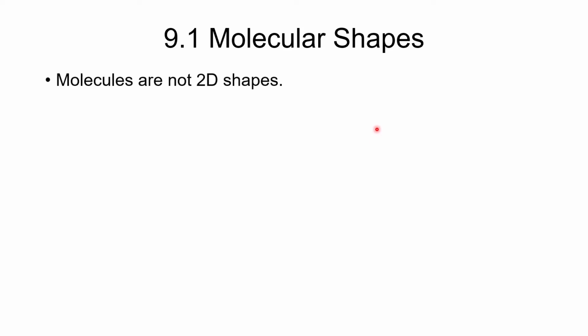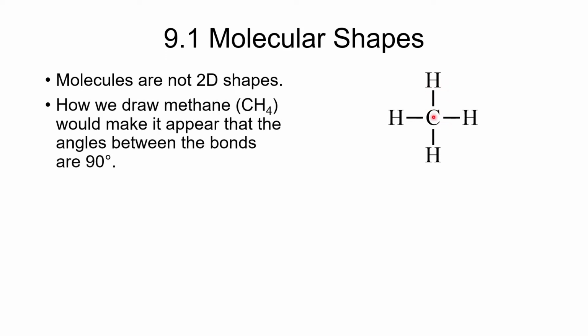Molecules aren't two-dimensional shapes. The way that we draw, for example, methane, CH4, it would appear as though there would be a 90-degree angle between any of these bonds, and that all of the atoms would lie in the same plane. But that's not what methane looks like. It looks much different than that.